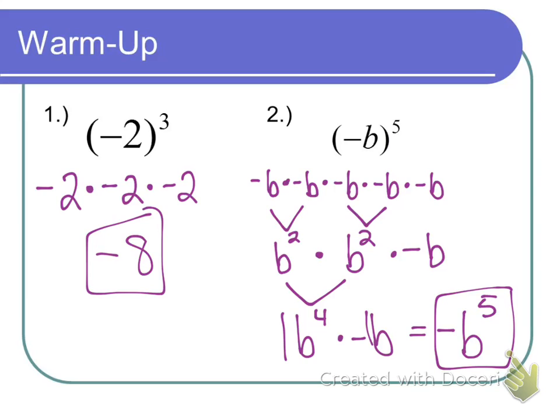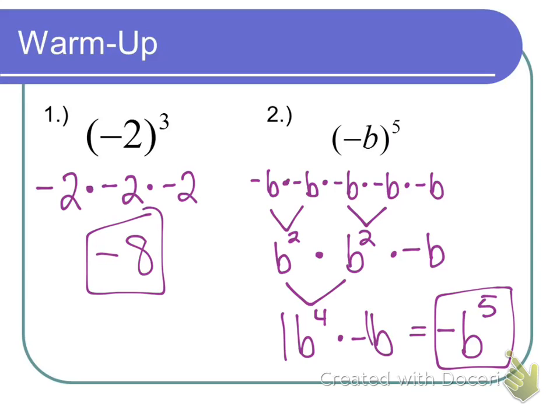So our answer ends up looking an awful lot like the original problem. However, there's no parentheses. I don't know if it's a rule that we will ever actually state in writing.